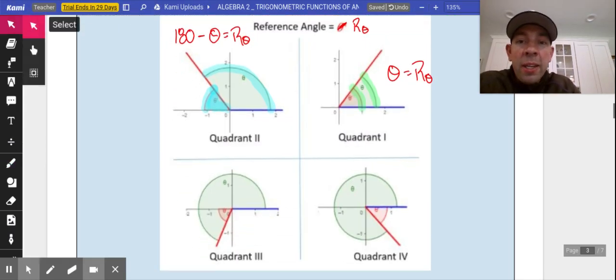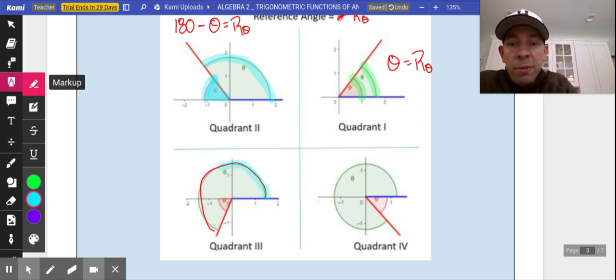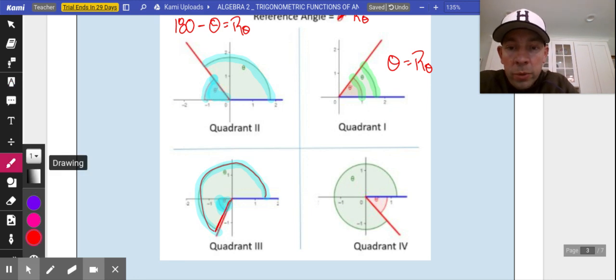All right, what's going on in the third quadrant here? Again, you've got your original angle here. Here's your reference angle. How big's that sliver? Because you just want this little sliver right here. So in this case, we're going to take the original angle and then subtract 180 from it.